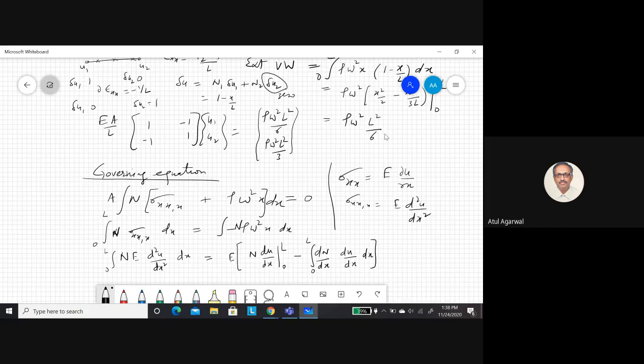Any doubts, Vijendra Prasad? No, sir. What do you call this process? Integration by parts. So n into sigma xx is this, E du by dx, and du by dx, take that, push the differentiation to n. This is what you get.